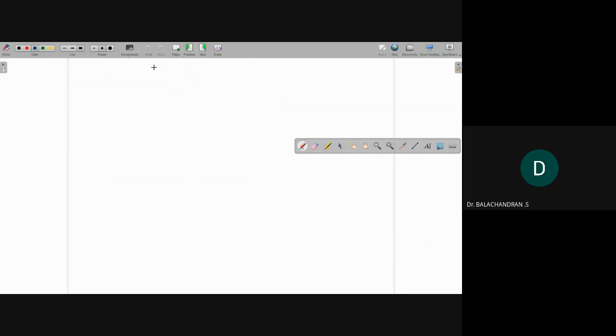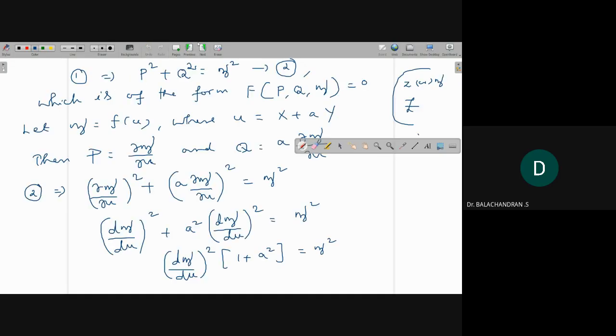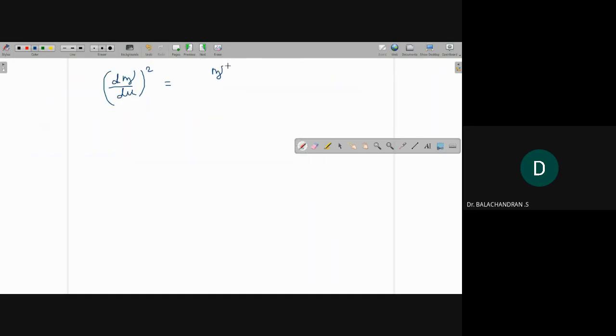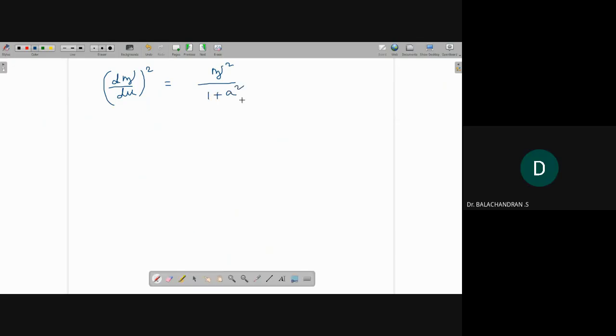Next slide. (dz/du)² is equal to z² by (1 + a²). From this, taking the square root, dz/du is equal to z by root of (1 + a²).